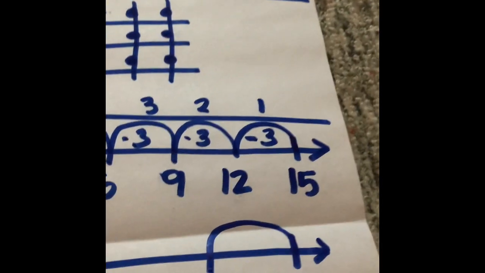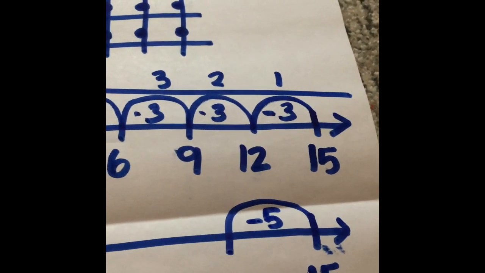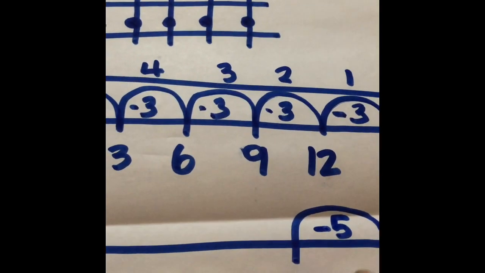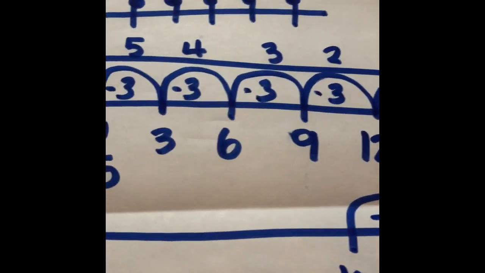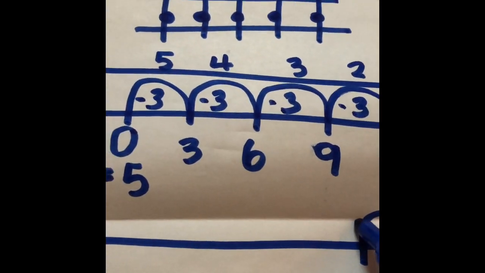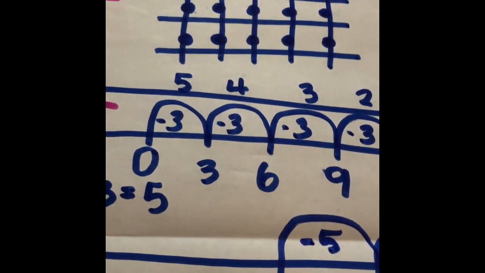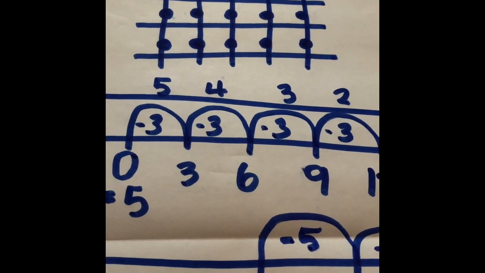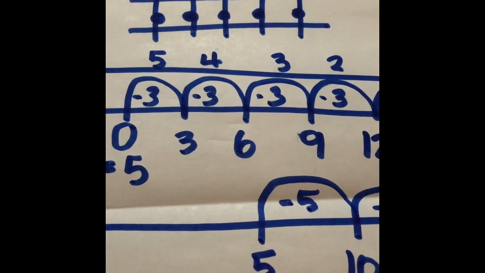So I'm going to do a jump. I know I'm going backwards, so I'm going to subtract 5. I know that 15 minus 5 is 10. Good job. So I know I have to keep going until I get to 0. So here I go. I'm going to do another jump backwards, subtracting 5. 10 minus 5 is 5.